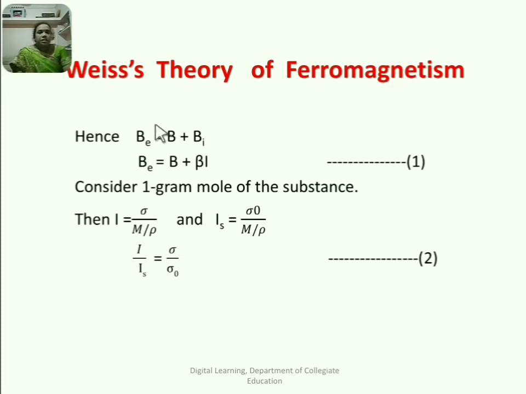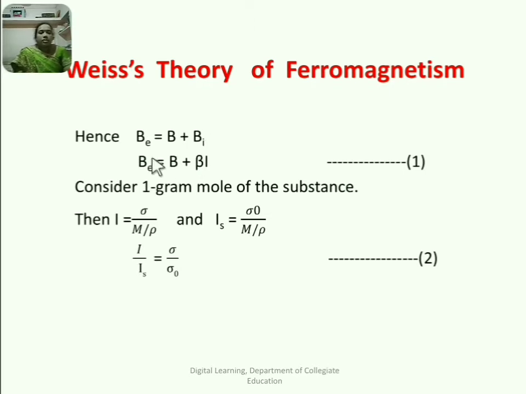See here, this is the effective field strength, which is equal to the sum of B plus Bi, where B is the external applied field strength and Bi is the internal molecular field strength.